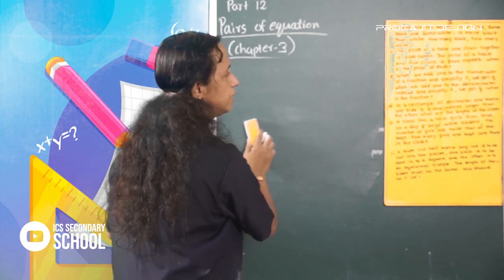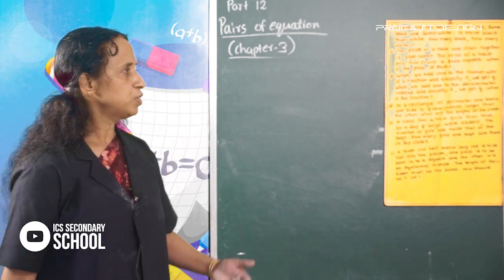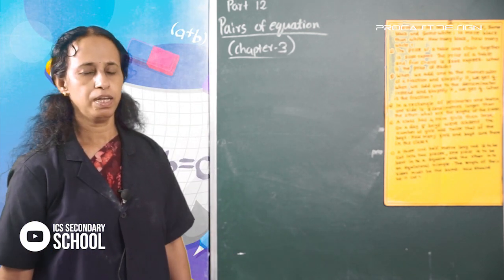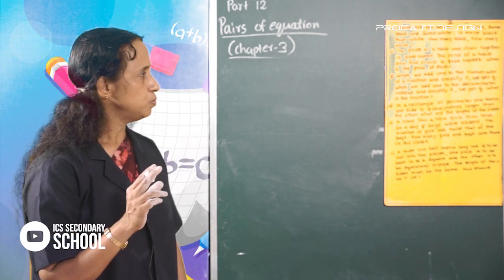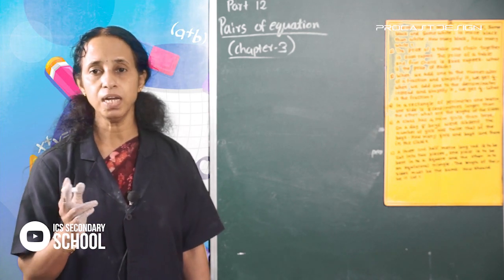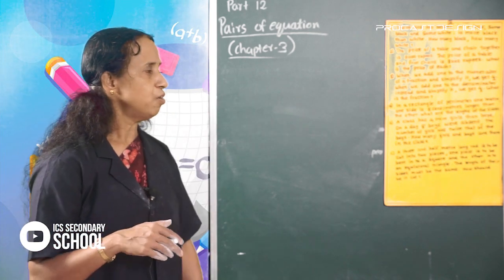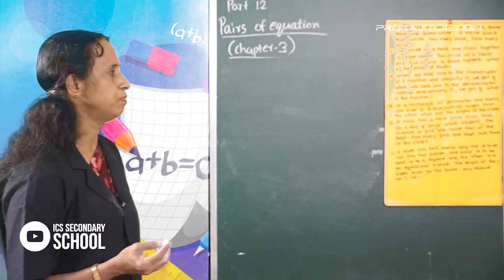And next, third question. When we add 1 to the numerator of a fraction and simplify it, we get 1 by 2.